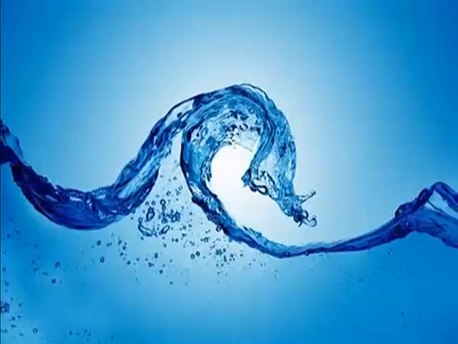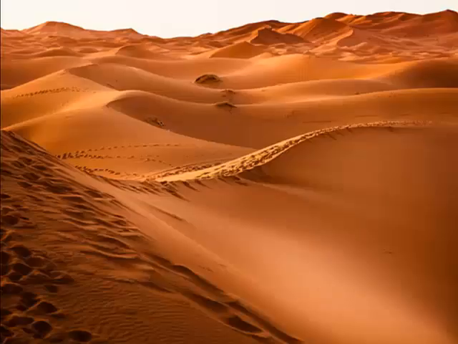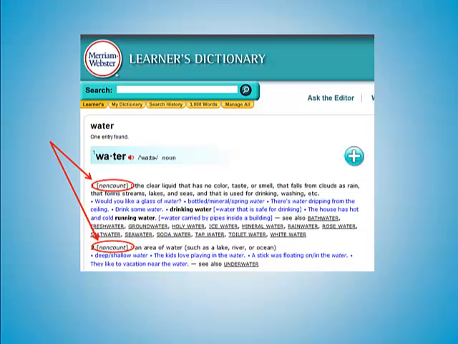But some things are not easy to count, like water or sand. Most languages have both count and non-count nouns, but they're not the same in every language, so you need to learn what they are in whatever language you're learning. A good dictionary can help. It should tell you whether a noun is a count noun or a non-count noun.